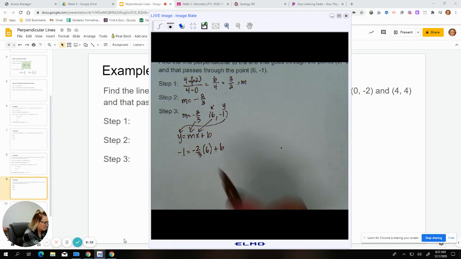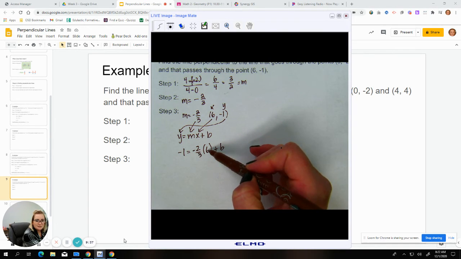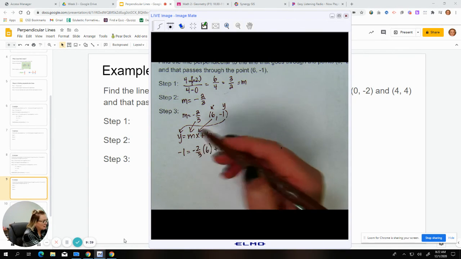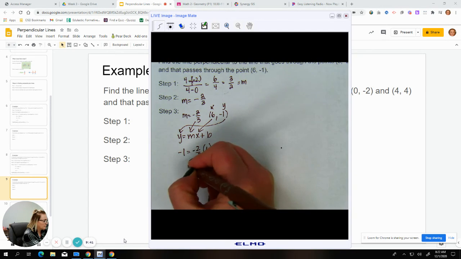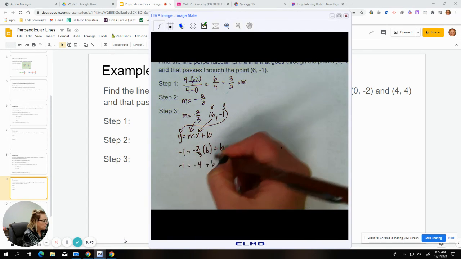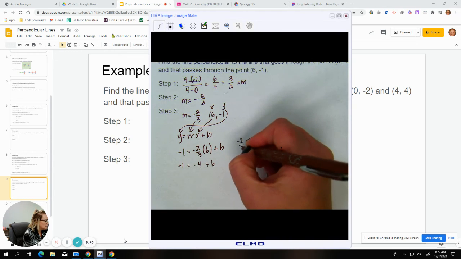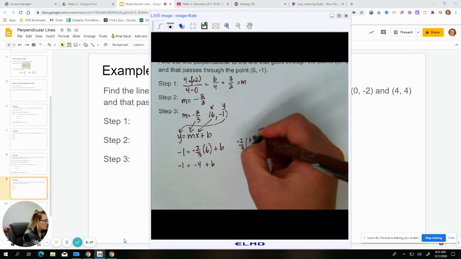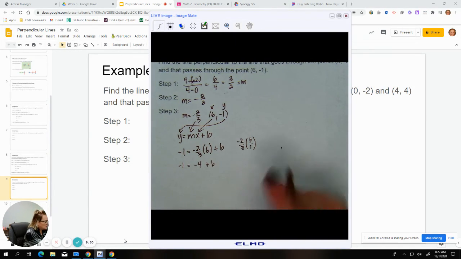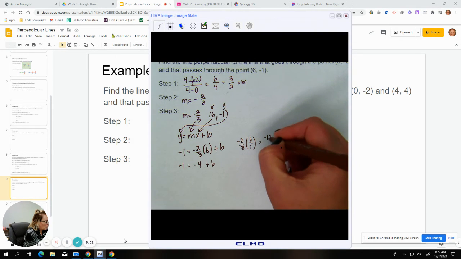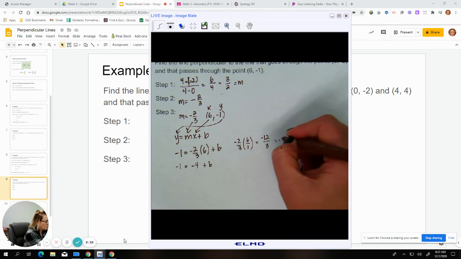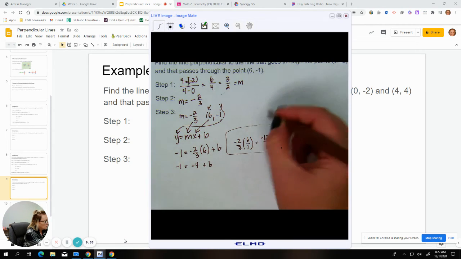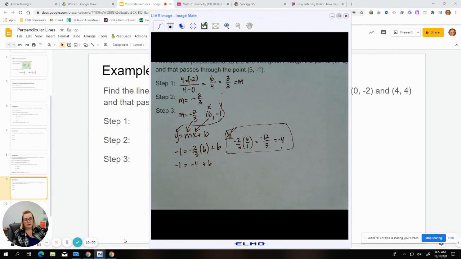Here is the hint. 3 goes into 6 2 times. 2 times negative 2 is negative 4. Okay, you could also do this by putting a 1 underneath the 6 and multiplying straight across, and you end up getting negative 12 over 3, which simplifies to negative 4. So here is another way to do the same thing that I just did.